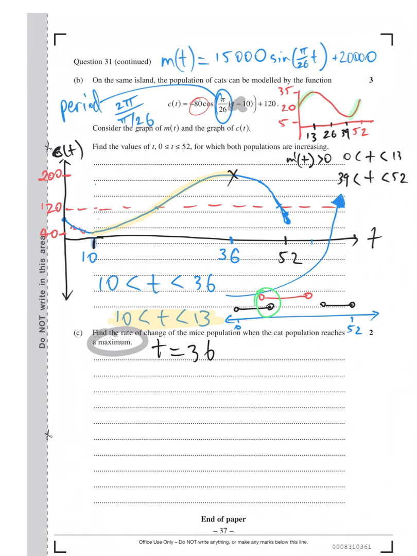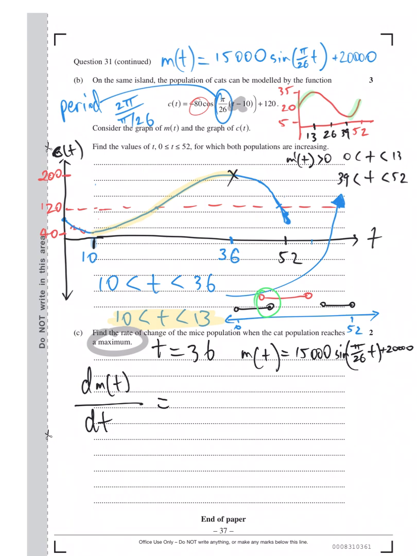So what I know is that I've got t equals 36. So what I need to do is find m'(t), or dm/dt, which is, well, first of all, I'm going to rewrite it. It's up the top there in blue. I've got m(t) equals 15,000 sine(pi on 26 t) plus 20,000. The 20,000 is going to be gone straight away because it is a constant.